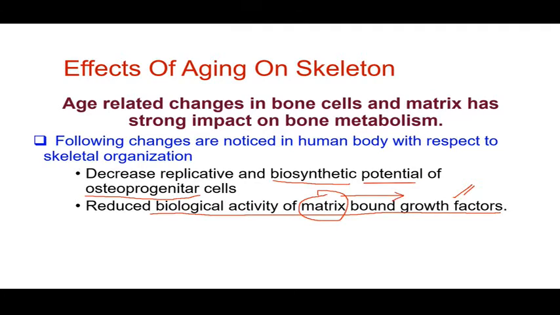Actually, they are mitogenic to osteoprogenitor cells. Mitogenic means they act as an agent that stimulates mitotic cell division. That means the more the division in osteoprogenitor cells, the more the osteoblastic synthetic activity, so bone is formed regularly. Reduced biological activity of matrix will definitely affect the osteoblastic synthetic activity.